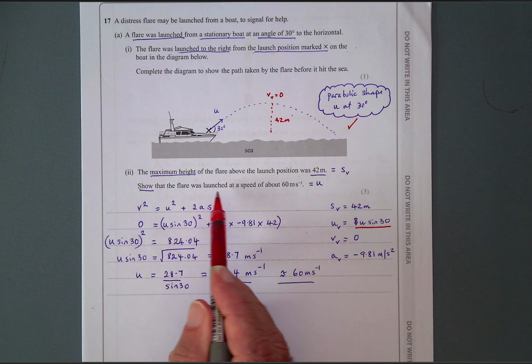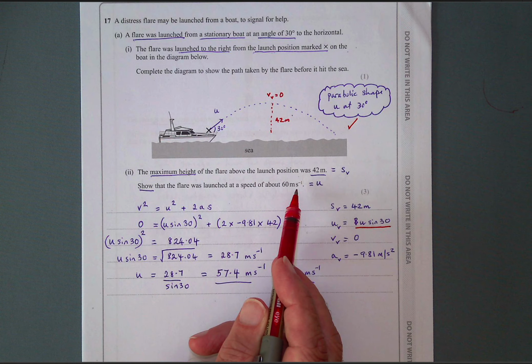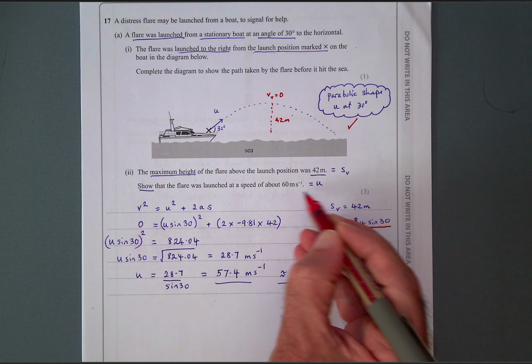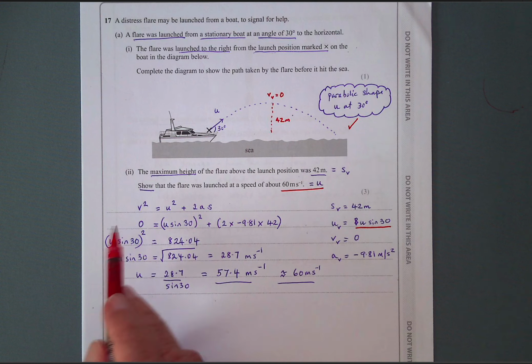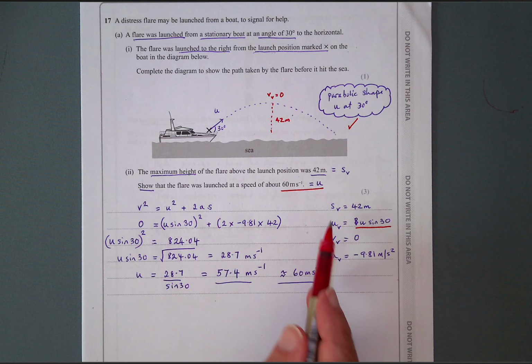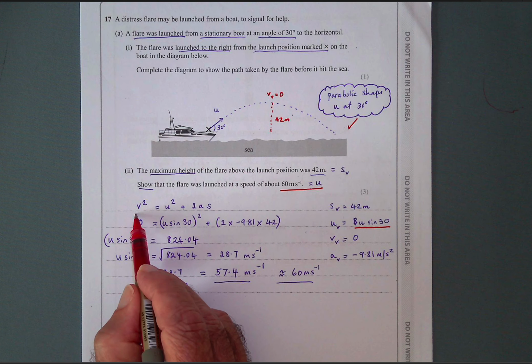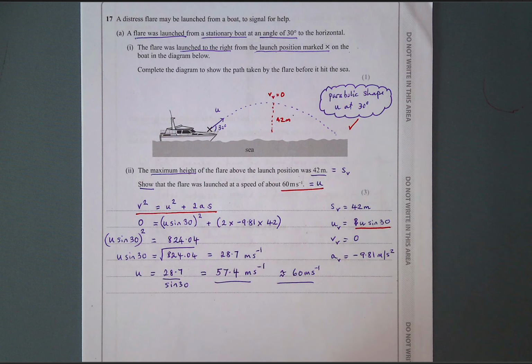Show that the flare was launched at a speed of about 60 meters per second. In other words, we want to show that u was approximately 60. So we know v, u, s and a, so we use the equation v squared equals u squared plus 2as.